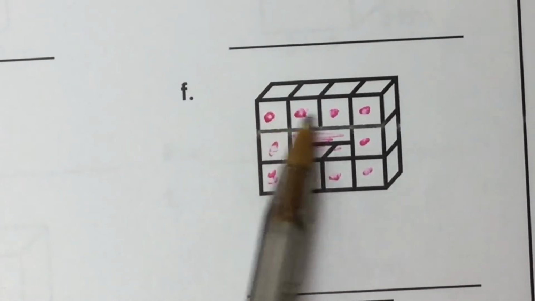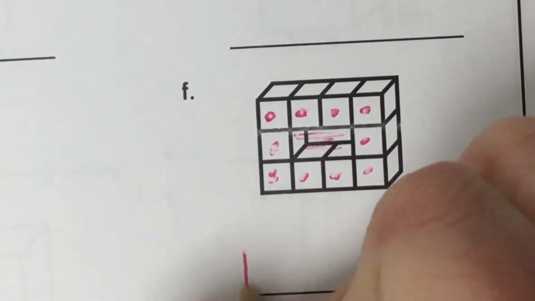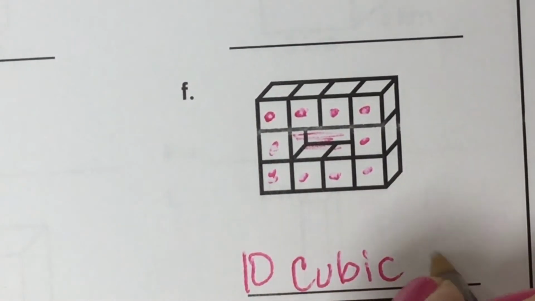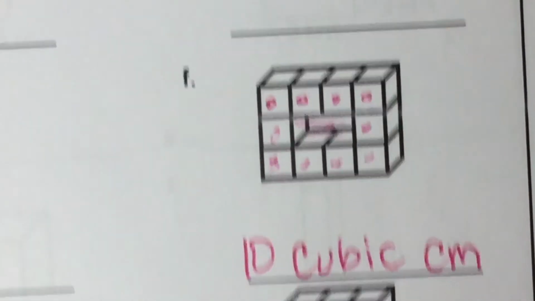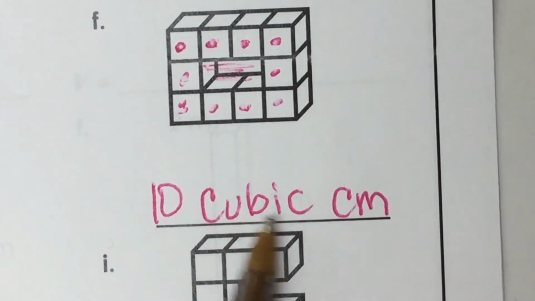So it'd be 1, 2, 3, 4, 5, 6, 7, 8, 9, 10 cubic centimeters. Okay? So just make sure that if you just put 10, it's going to count it wrong because it is 10 cubic centimeters. You have to make sure that you put the whole unit on there, okay?